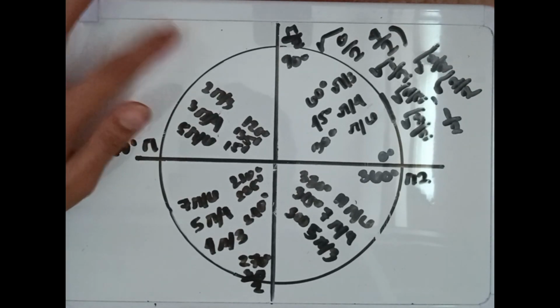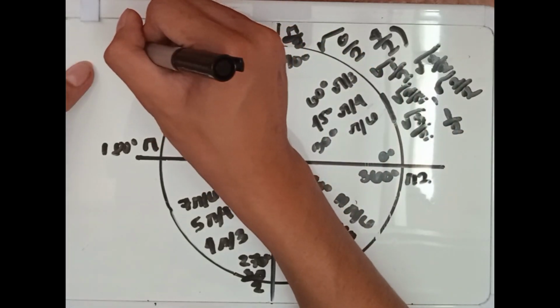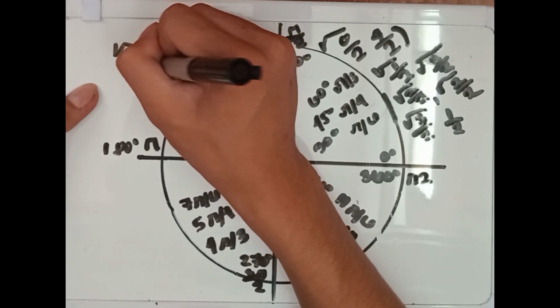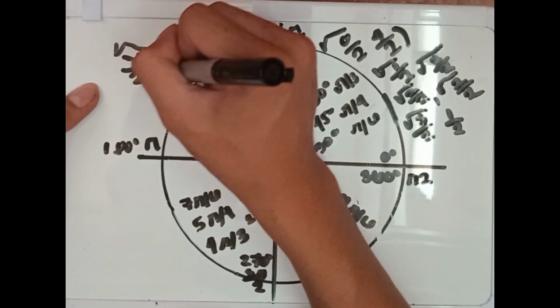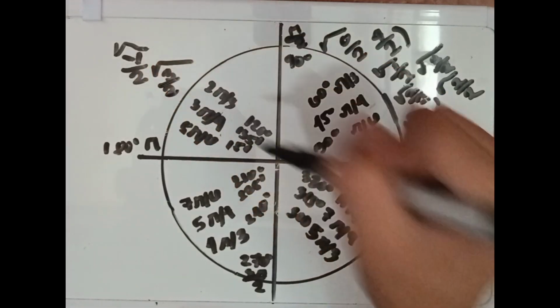Now let's move on to this side. The coordinates of 2 pi over 3, 120 degrees, are square root of negative 1 over 2 and square root of 3 over 2.